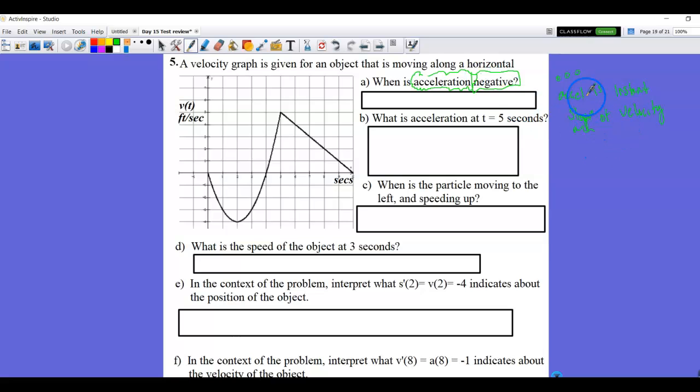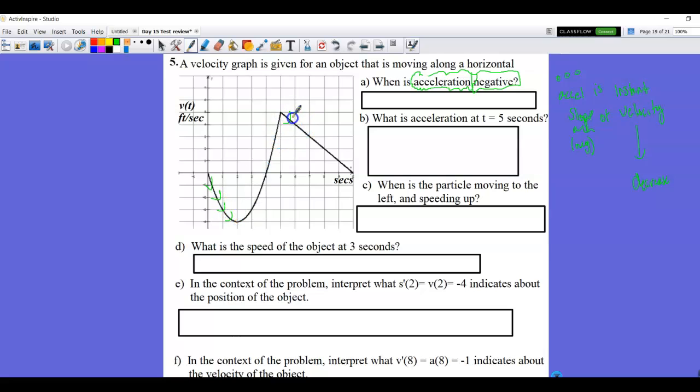Acceleration is instant slope of velocity. I want negative slope. What would the velocity graph be doing for negative slope? The velocity graph would have to decrease. So I am looking on the graph where the velocity function decreases. Down, down, decreases.